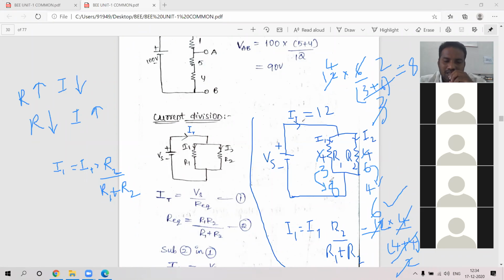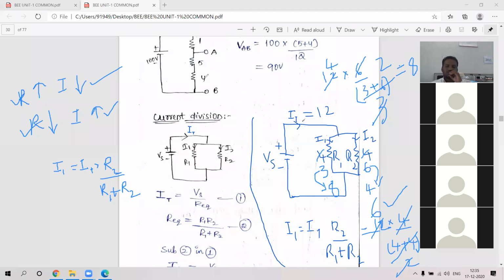That means we can see that 3 is a low resistor, and compared to that the current is more. Here 6 is there, resistance is more compared to 3, so current is less. We can verify that here.